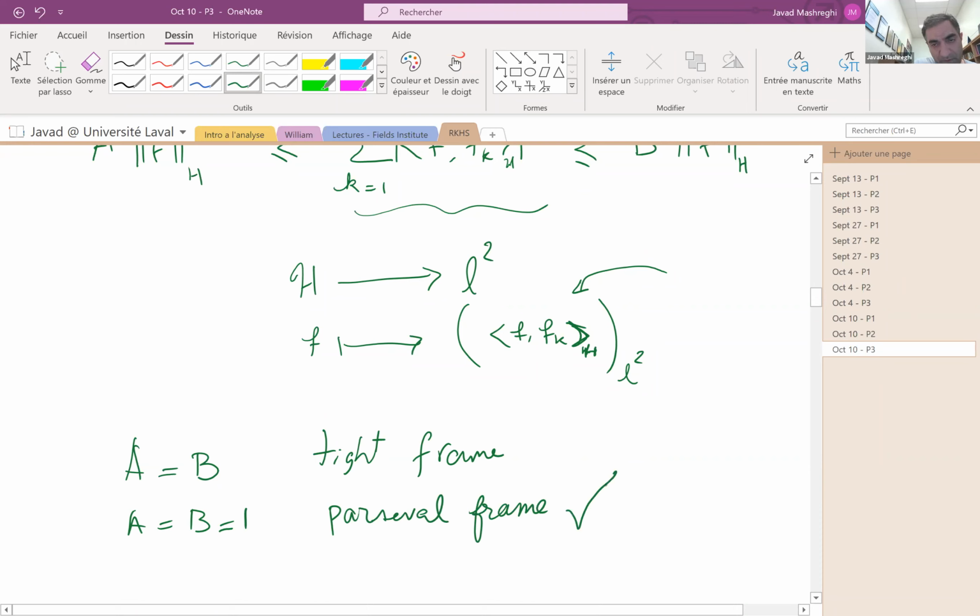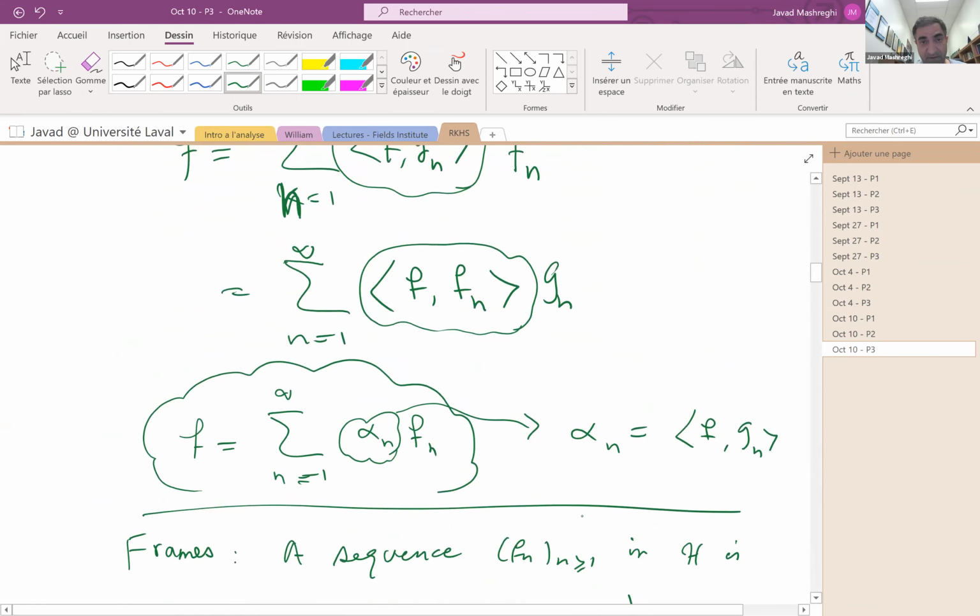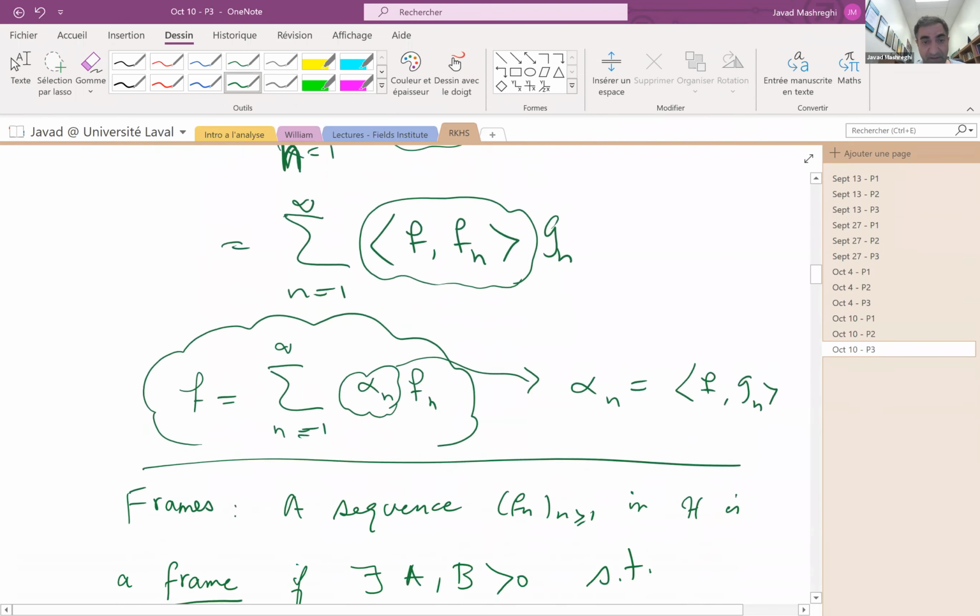And in the book, it started precisely from here. Why did I mention all of this? Because in the previous case, in the Riesz basis case, we showed that Fn is given, Gn exists such that we have this representation.